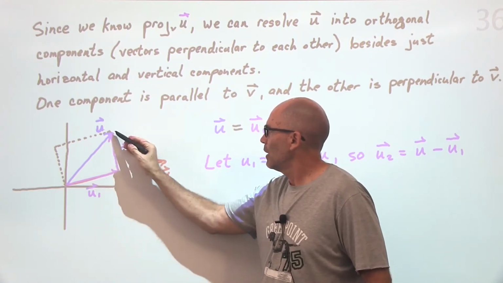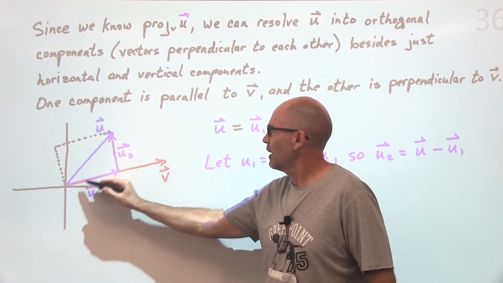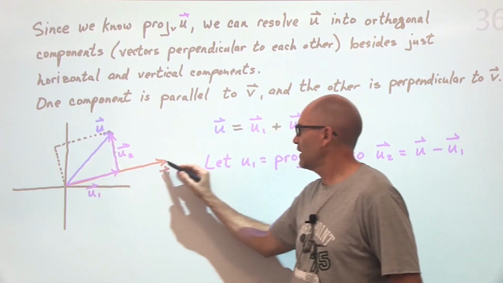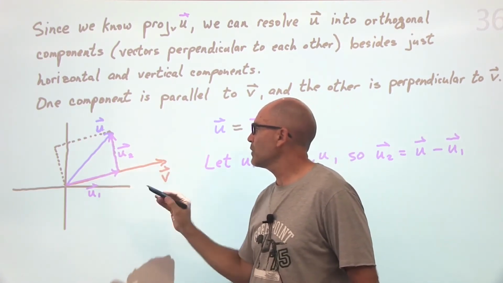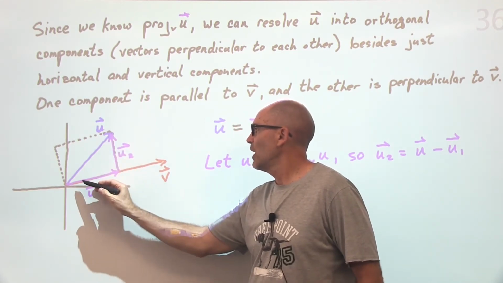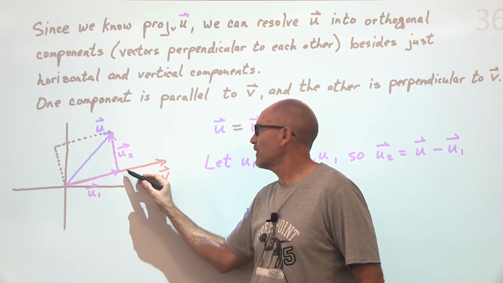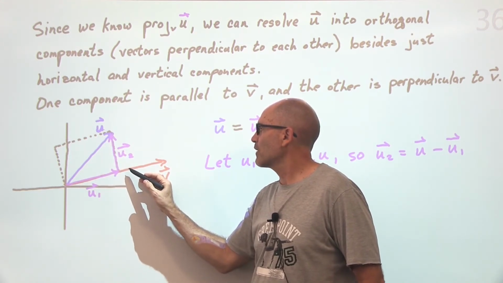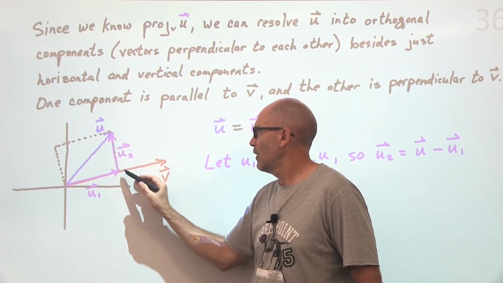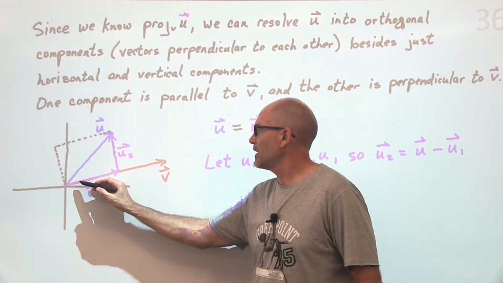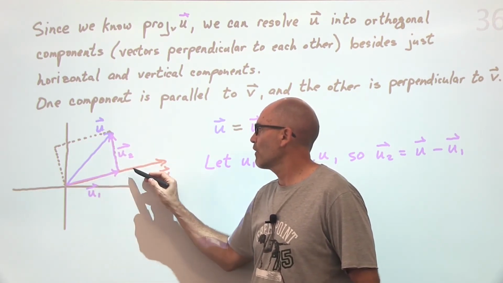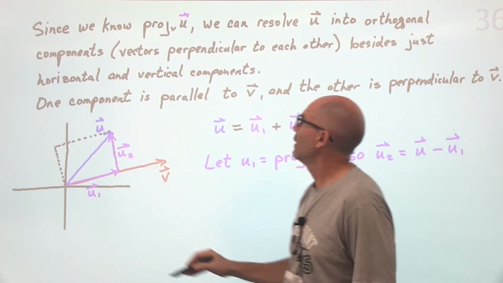Vector u is right here, the blue. Now, vector v is the red. What I'm interested in doing is making a component of vector u that's along vector v and a component of vector u that's perpendicular to vector v. So notice, what used to be horizontal and vertical is now along v and perpendicular to v.